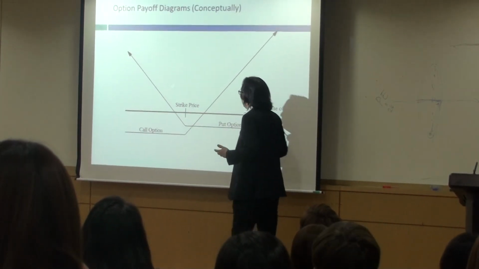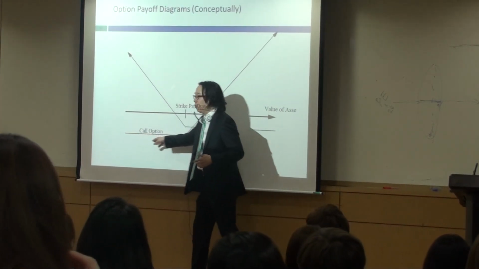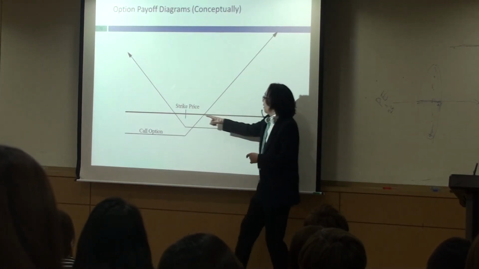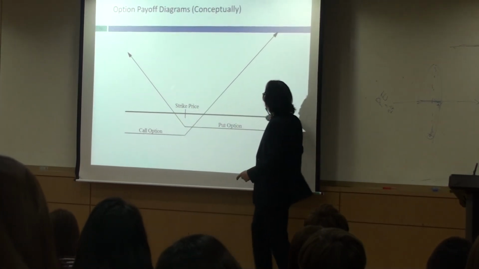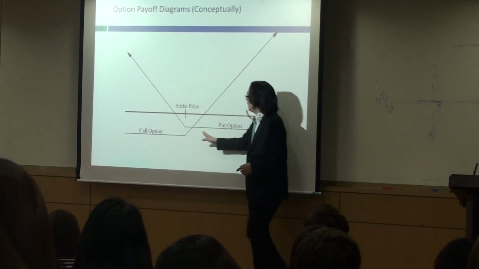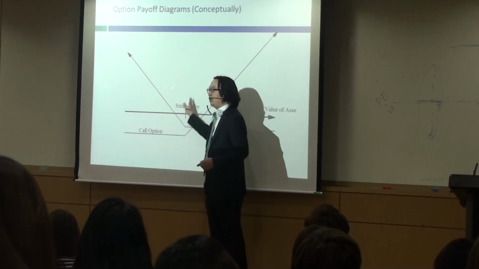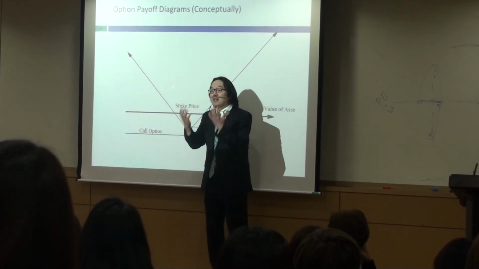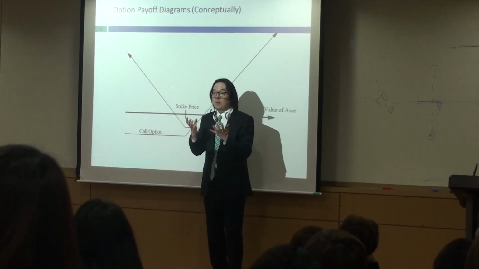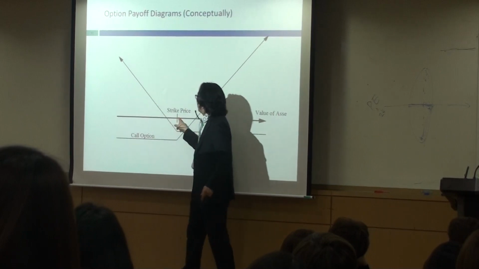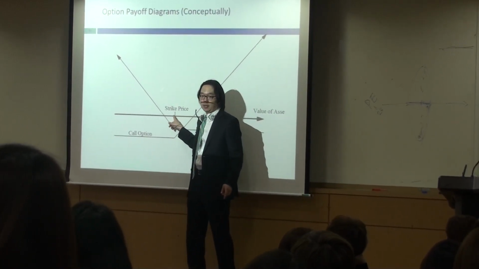So from the equity holders' perspective, your stock is like a call option. Your Hyundai Motors asset value may be like this. We don't know where it will stand, but the debt amount Hyundai Motors owes can be reinterpreted as the strike price.